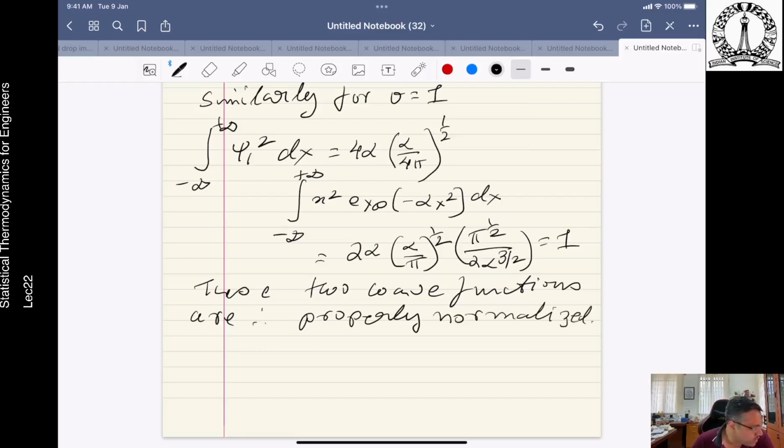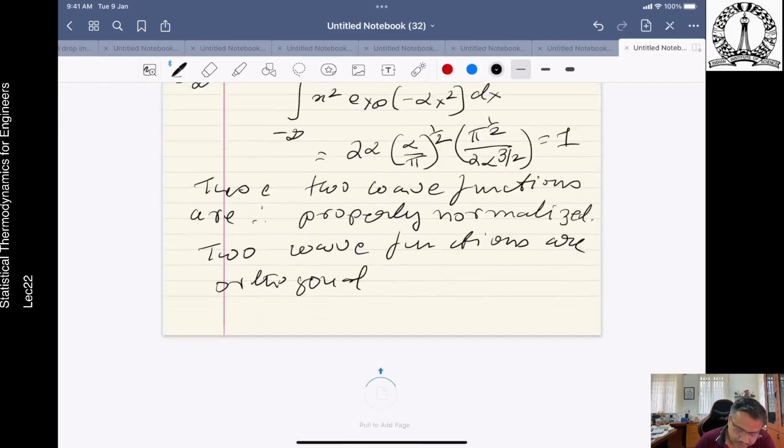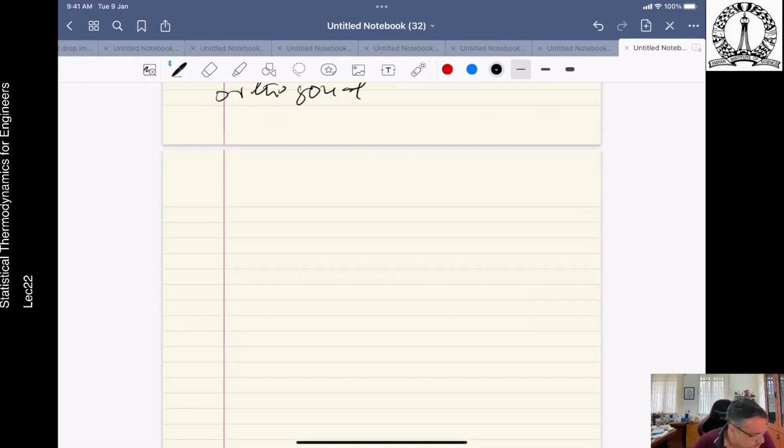Now we recall that two wave functions are orthogonal if, when you take the product of the two from minus infinity to plus infinity, the integral of psi naught psi 1 dx should be equal to 0.